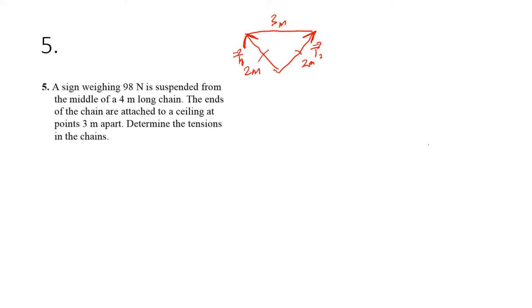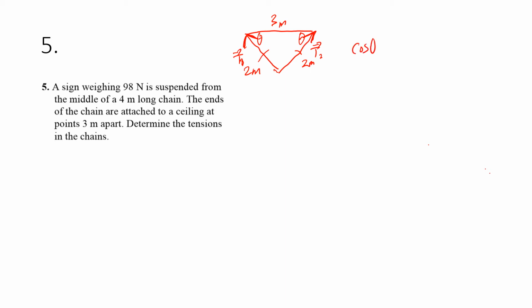First we have to use the side lengths to solve for the angles, and we can do that using the cosine law. If we call this angle theta, these two angles would be the same because we have an isosceles triangle, so the base angles are the same.